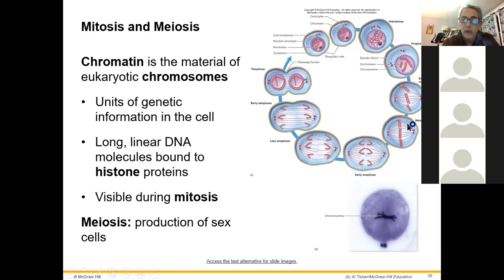The chromosomes line up along the mid-region of the spindle fibers and then separate. Remember, the chromosome is duplicated, so now you have two daughter cells, and they separate and the whole process starts over.